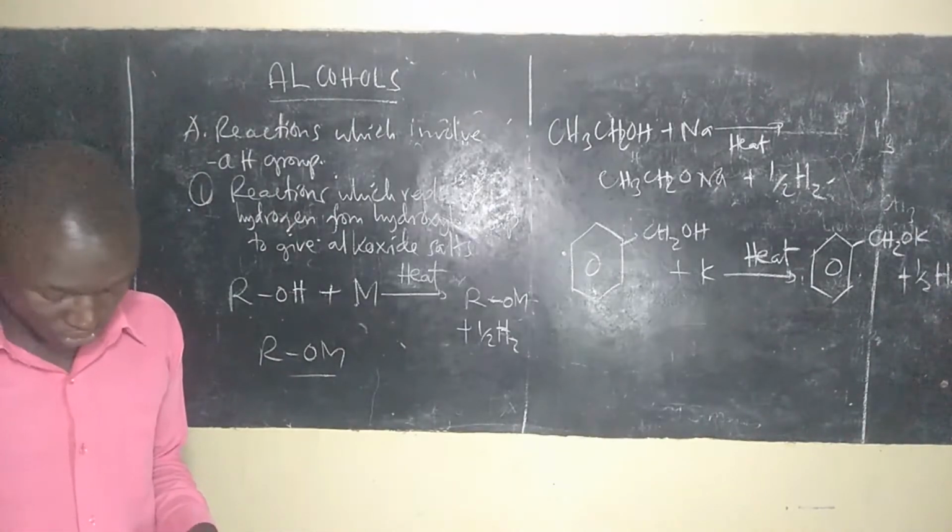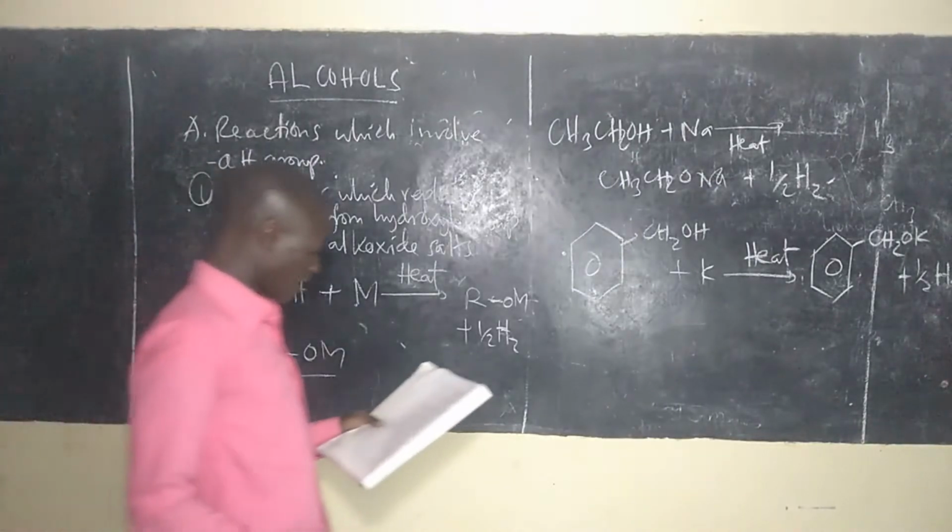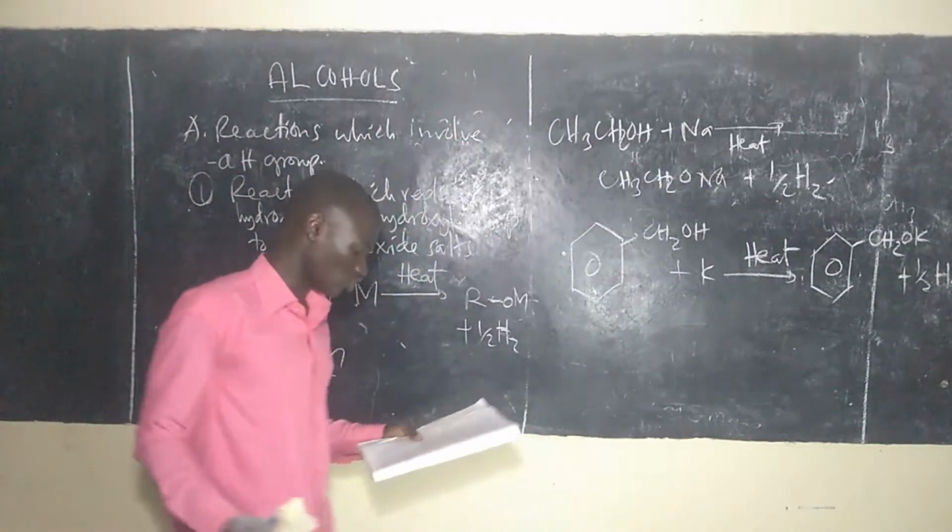So when alkoxide salt is hydrolyzed by water, an alkali and alcohol are formed.